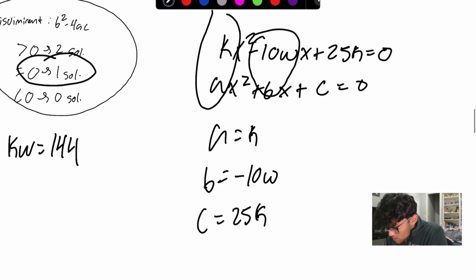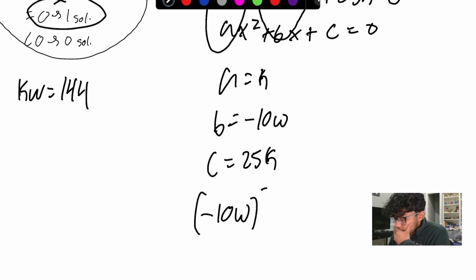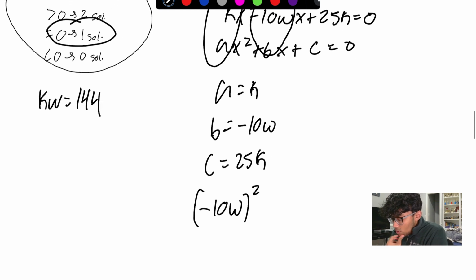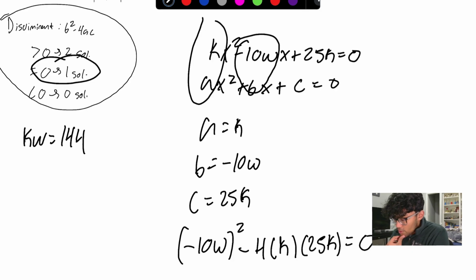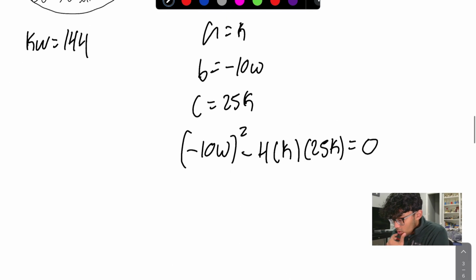Now this makes things a lot easier because I can just plug into the discriminant. So negative 10w squared minus 4 times a times c is equal to 0. And it's equal to 0 because when there's one solution, the discriminant is equal to 0.